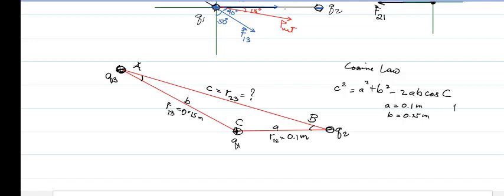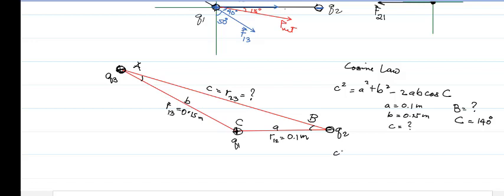We do not have angle B, and our angle C given is 140 degrees. And how about our side C? Still unknown. So let's compute.